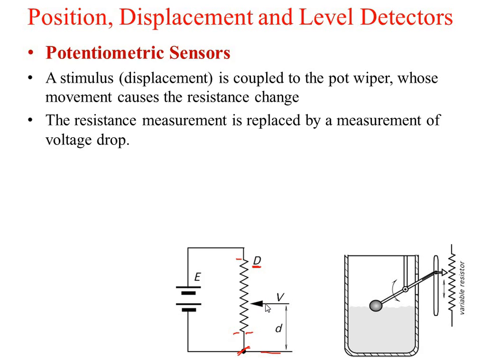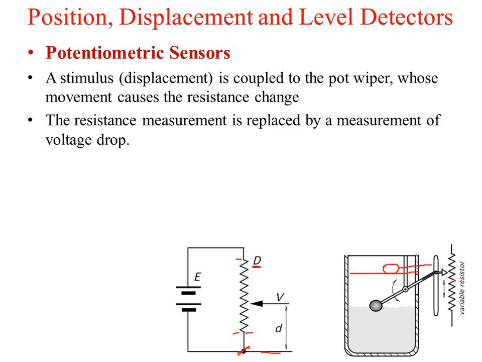This is another example of a variable resistor. This variable resistor will help you find out the liquid level of your tank. As soon as the level reaches this point, your float will be over here, and that is going to change the resistance value.